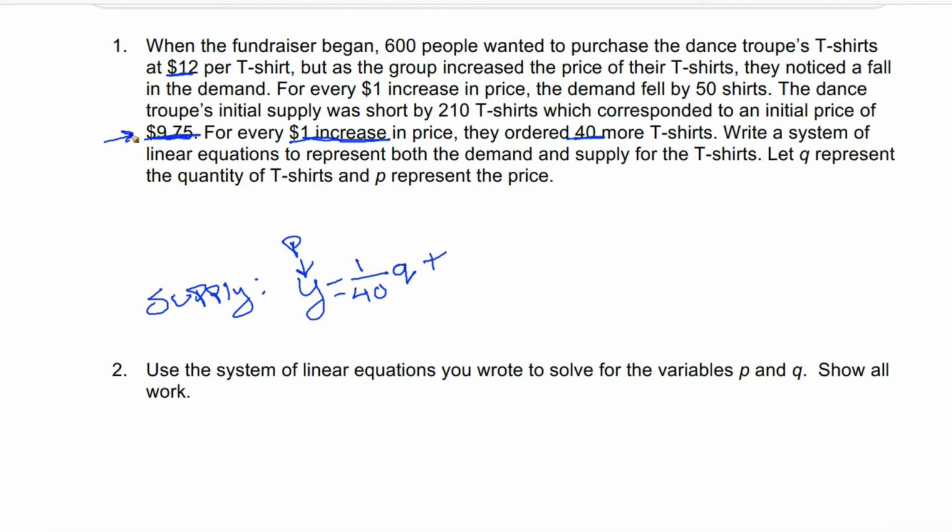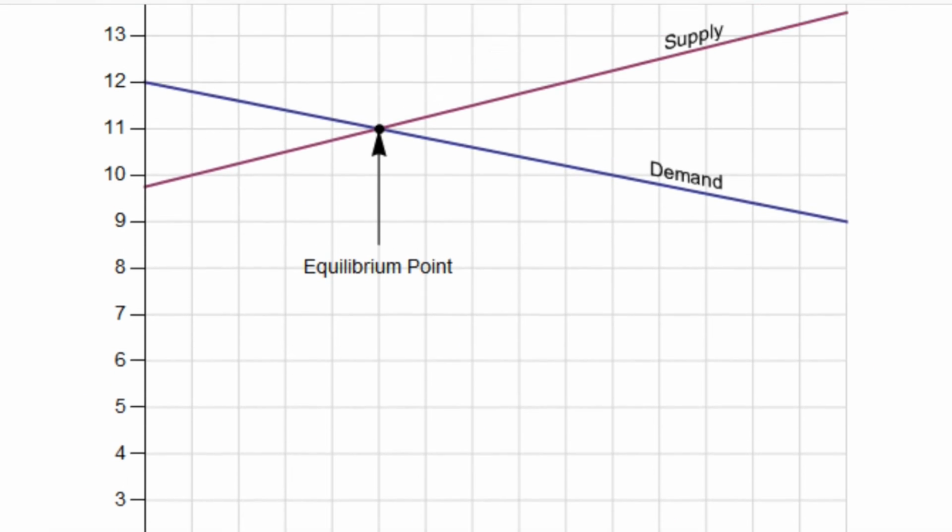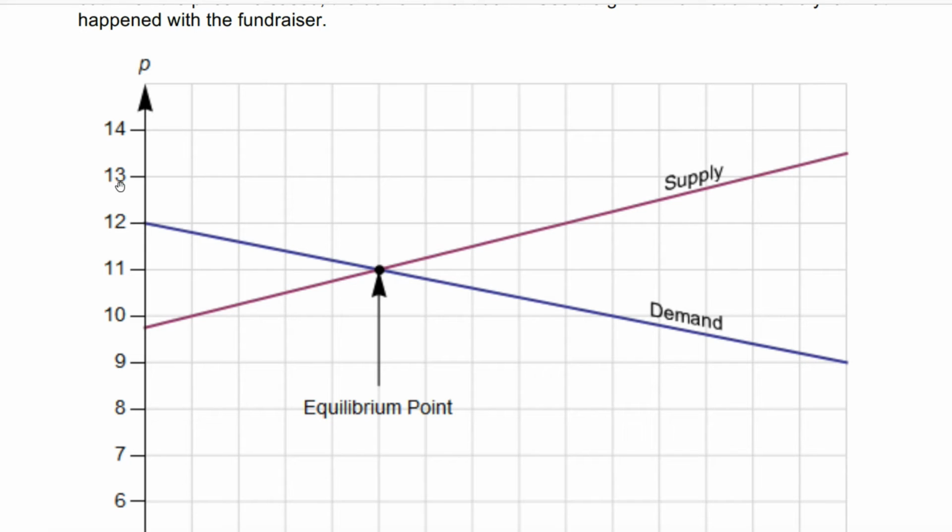Right there. That's our price. 9.75. And that would be the two equations. And the reason why those are coming up is because we're starting with the price. Remember, the y is our price. So y equals our price.